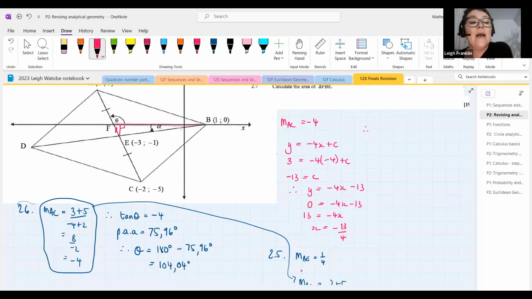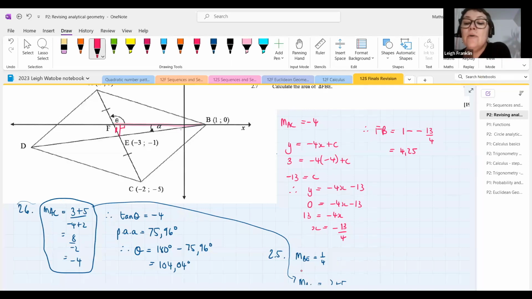So now when I calculate the length of FB, it is a horizontal line. So FB is going to be the x-coordinate at the right minus the x-coordinate at the left. So that means FB is 4,25 units.